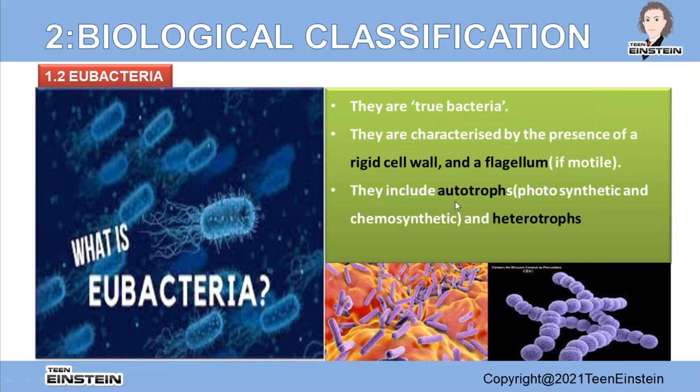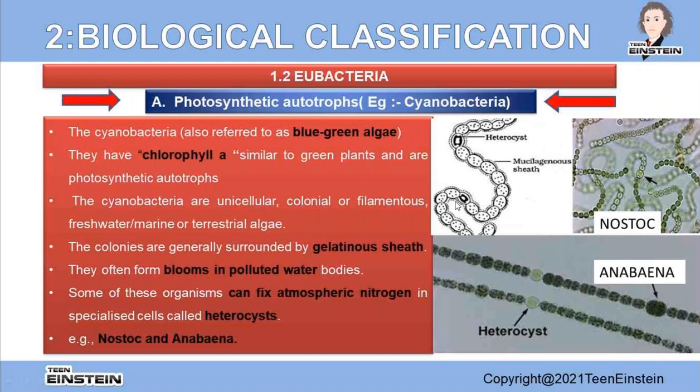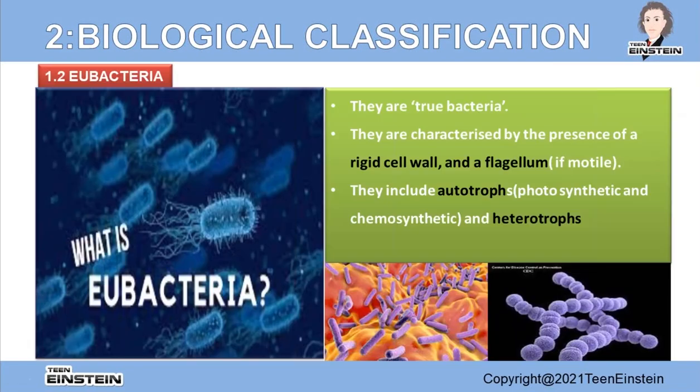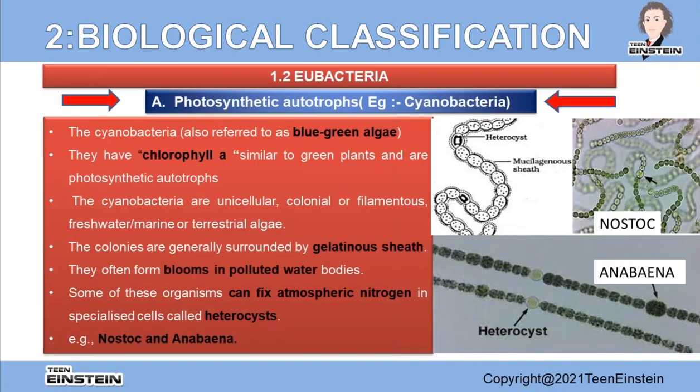So eubacteria are called true bacteria. They include autotrophs and heterotrophs. Autotrophs consist of photosynthetic autotrophs and chemosynthetic autotrophs, and heterotrophs are also present in eubacteria. In eubacteria, the rigid cell wall is present, and flagellum is also present in motile forms.